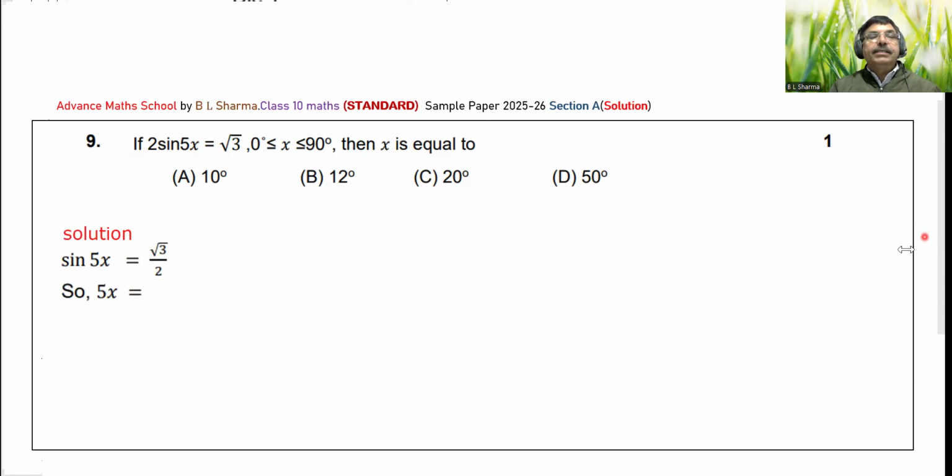So 5x is equal to 60. x is equal to 60/5. So x is equal to 12 degree. So B is the correct answer.